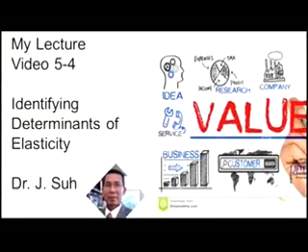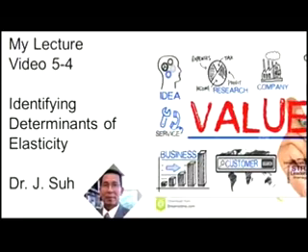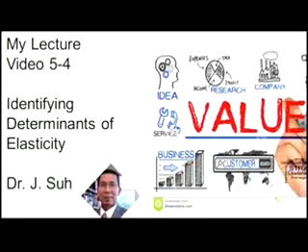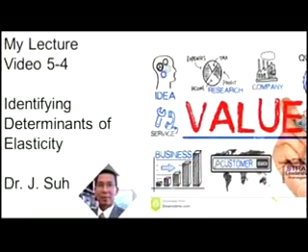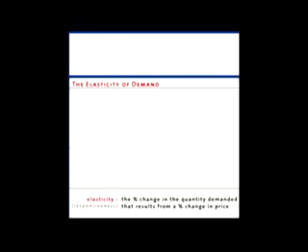The elasticity of demand is the responsiveness of the quantity demanded to changes in the price of the good. We've discussed how to calculate the elasticity of demand, and we've also discussed the relationship between elasticity of demand and total revenue. One question remains. What determines the elasticity of demand for a particular product?